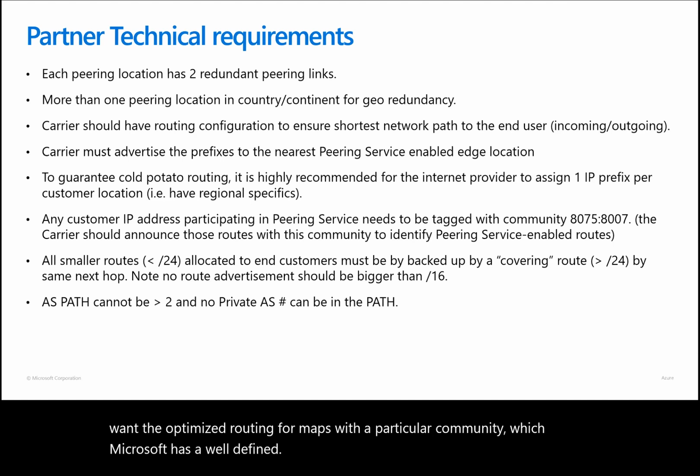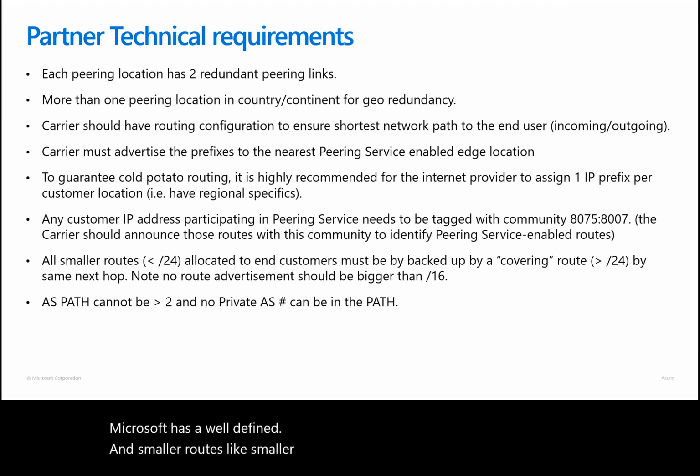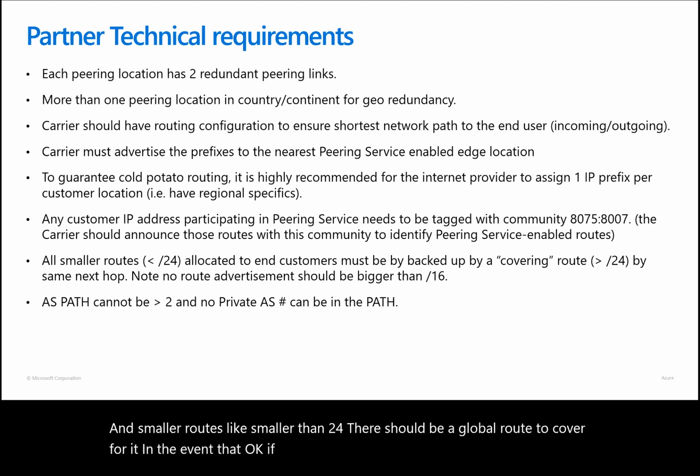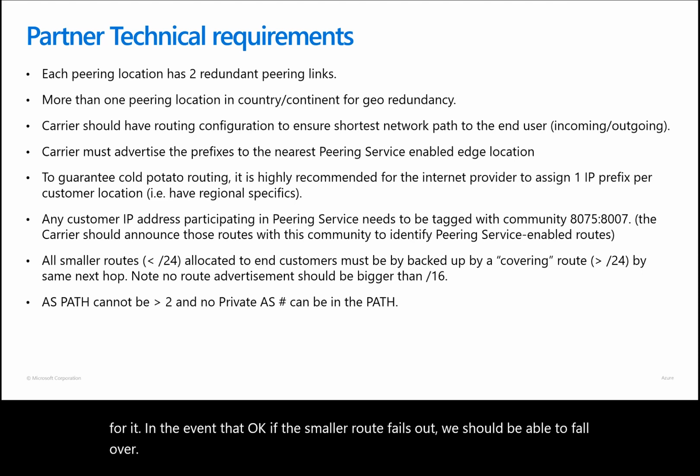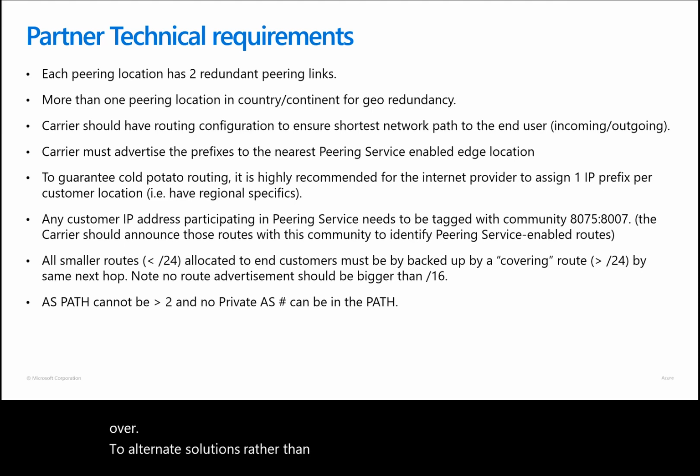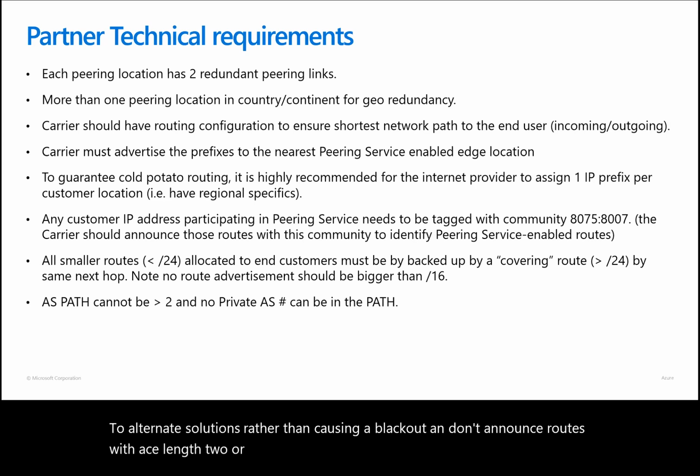And for smaller routes, like smaller than /24, there should be a global route to cover for it in the event that, if the smaller route fails, we should be able to fail over to alternate solutions rather than causing a blackout. And don't announce routes with AS path length 2 or more, because the system will reject that.